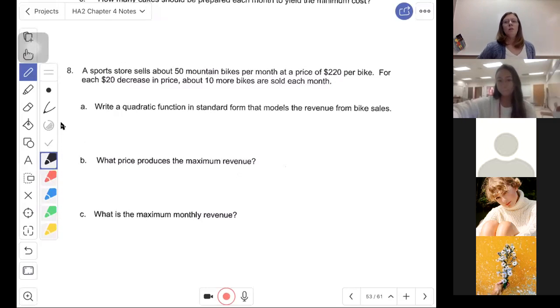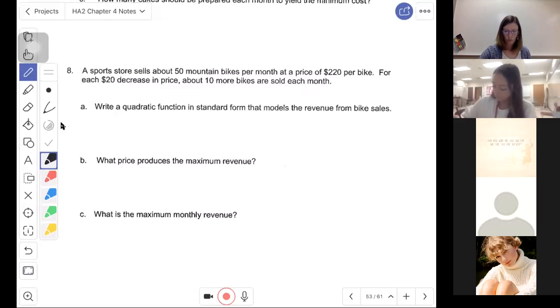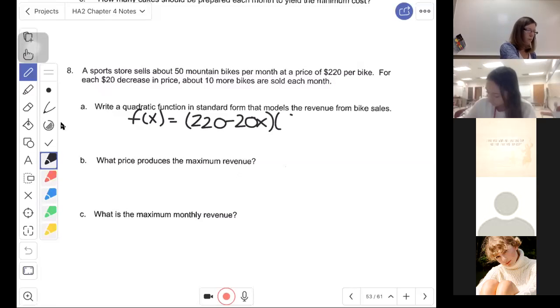Annabelle, how should I start making this quadratic function? You can do f of x equals 220 minus 20x times 50 plus 10x. Exactly.